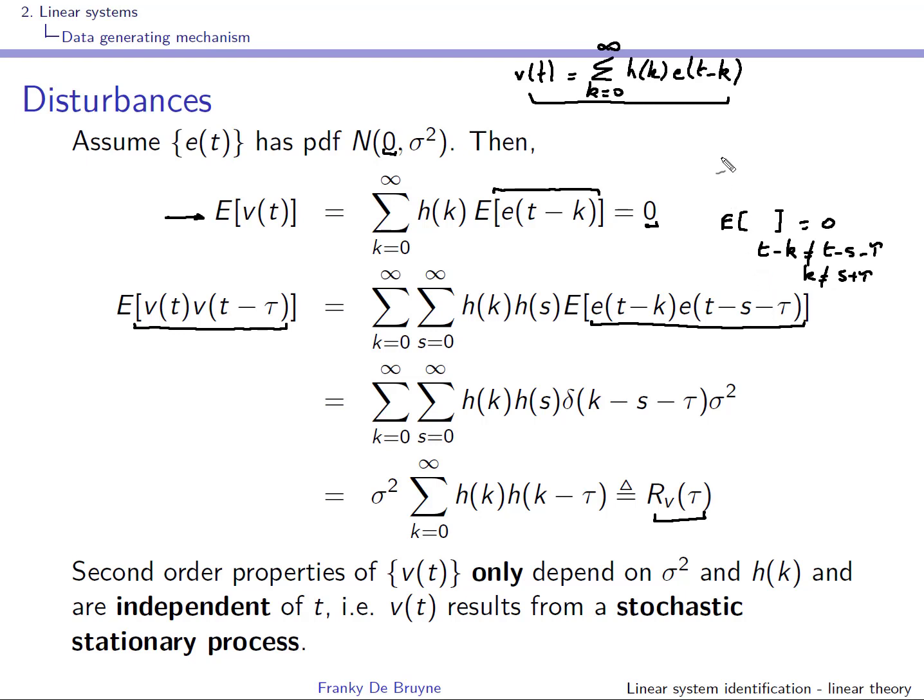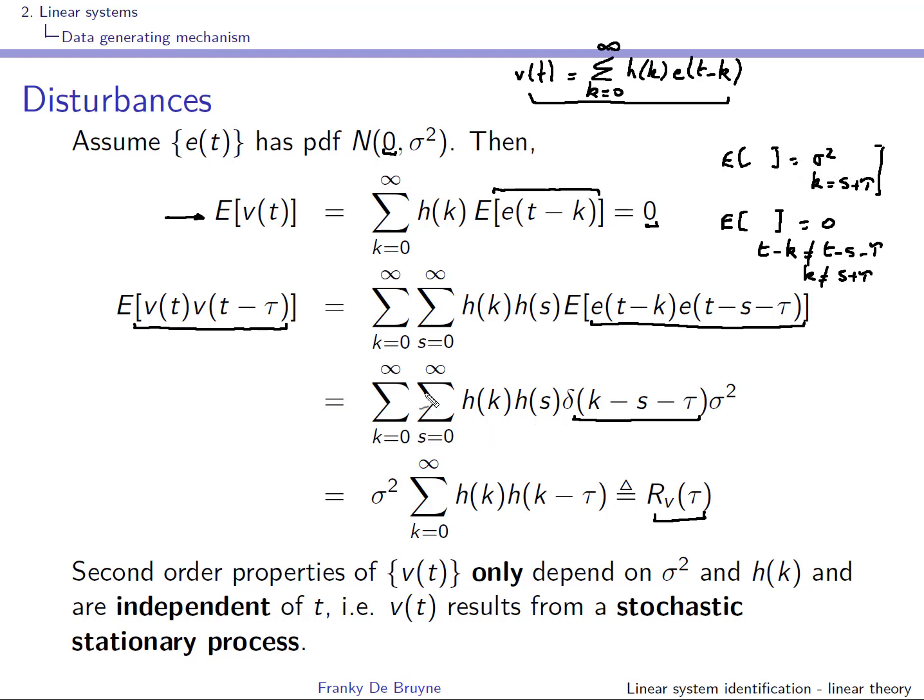And the expected value of this quantity will be sigma square if k is equal to s plus tau. So all terms where k is different from s plus tau will disappear in the sum, and this is why we work with this delta function. You see that when k is equal to s plus tau, this is a 1, and this produces indeed sigma square.